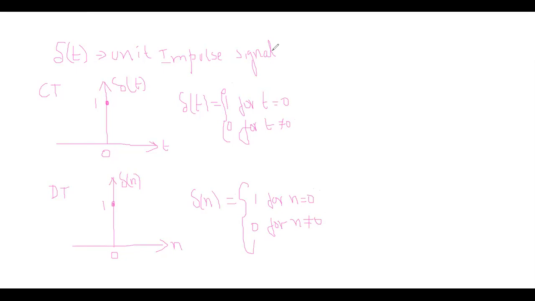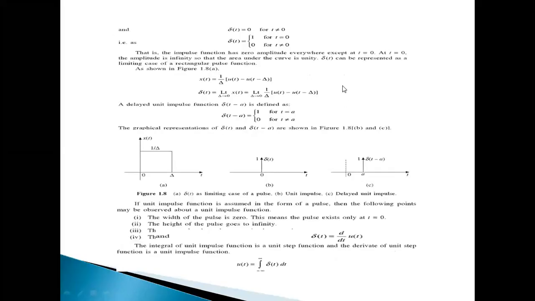Here they are explaining that x of t is equal to mu of t minus mu of t minus delta, times 1 by delta. Take this expression, x of t is equal to 1 by delta.